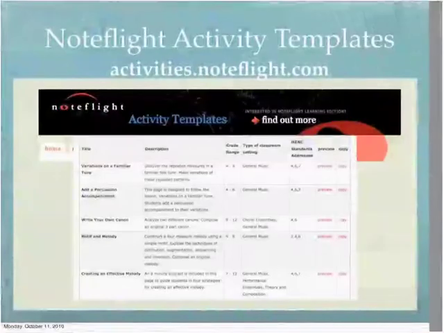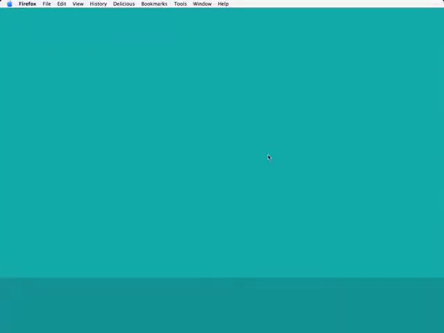Let me take you into my application here and show you one of the lessons that we've been working on. And I think I've got something ready to go here.